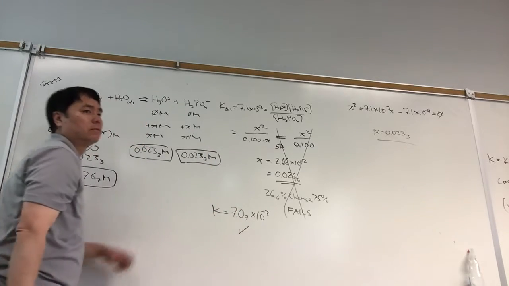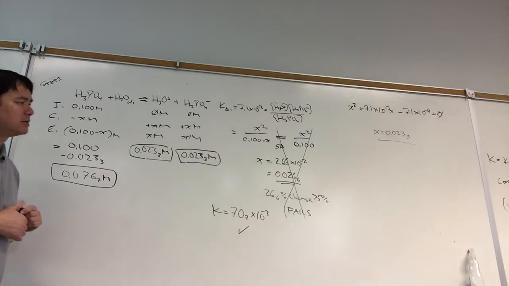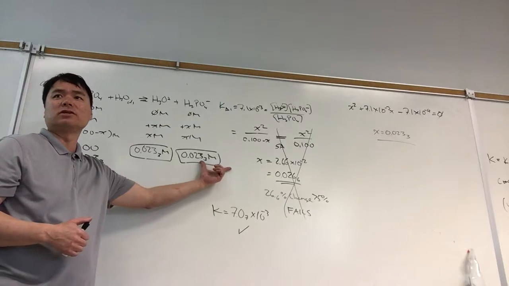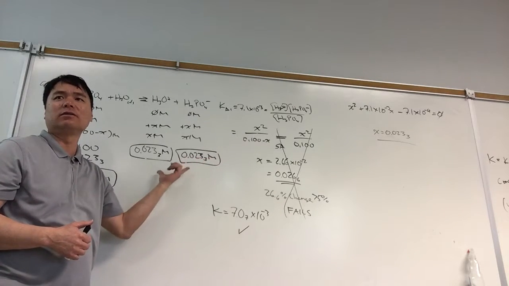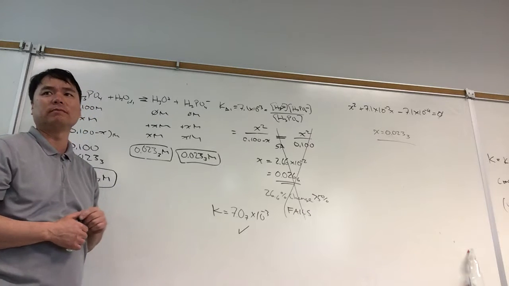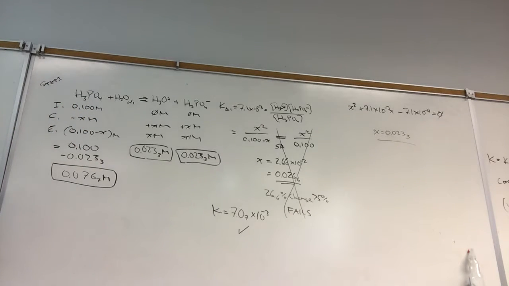The reason it's different is because we didn't carry all the digits. If we carried all the digits in our calculator, then it would have come out to 7.1. All right, this is the end of the line for the phosphoric acid. Most of the phosphoric acid molecules stay intact.